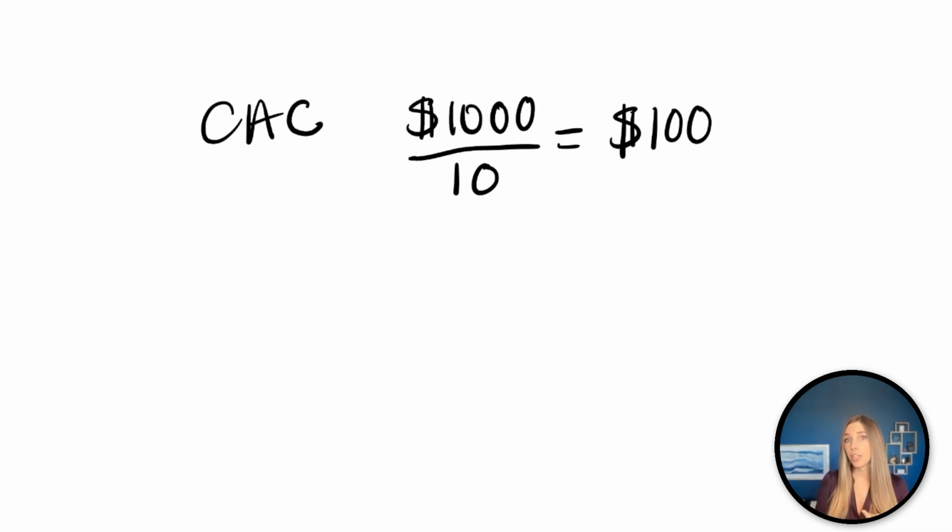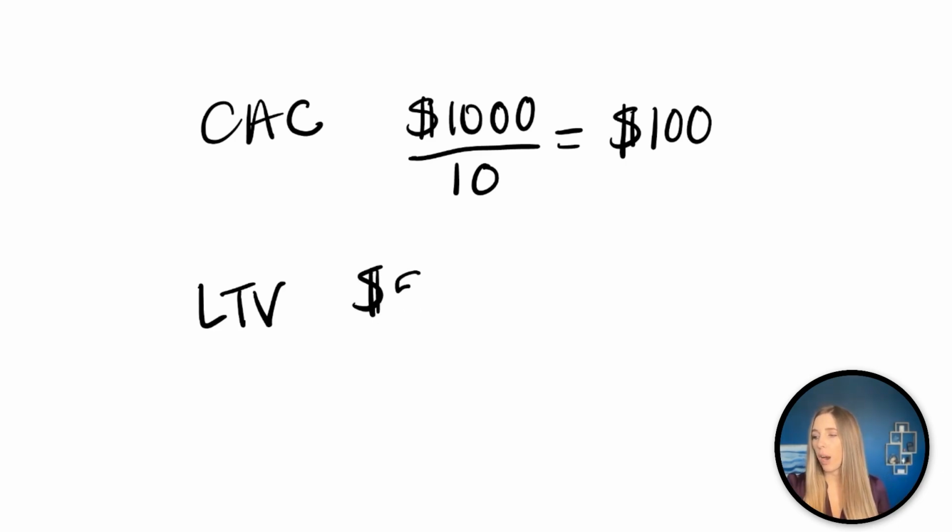Now, step 2 is we're going to calculate our LTV, or our lifetime value. I want you to multiply your average monthly revenue per member by the average number of months that they stay. So in this example, we're going to assume that we have a $50 a month price for our membership.